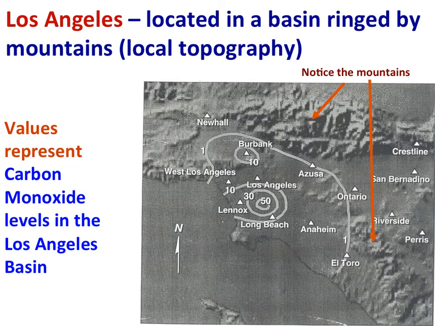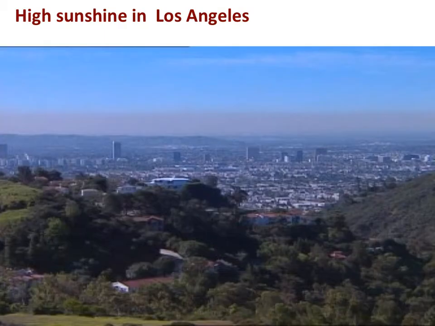And the image here displays levels of carbon monoxide, a primary pollutant, being highest in the center of the basin, ringed by mountains. Smog formation requires high levels of sunshine. Dry climates, such as deserts, with high levels of sunshine, provide the best conditions for smog formation.